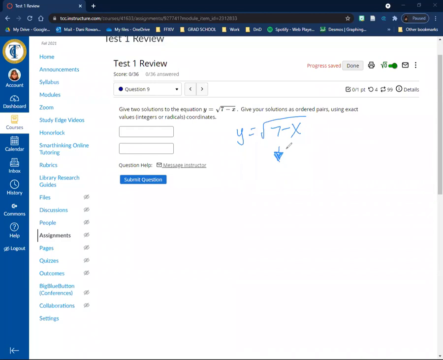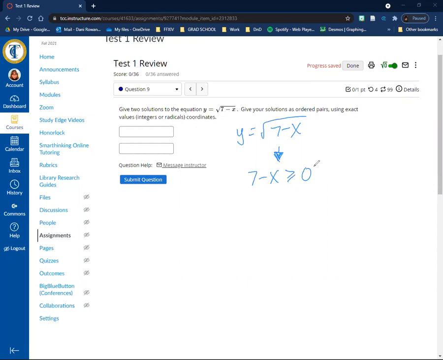Just bring a 0 down there. Well, remember, this is one of those where there's a restriction, right? Because it cannot be a negative number and it can only be something 0 or greater. So because that's the case, we're going to set what's inside the square root greater than or equal to 0, because anything else would not work.